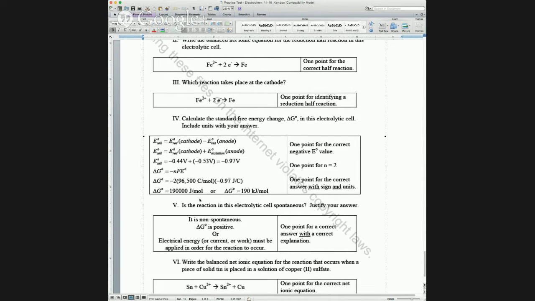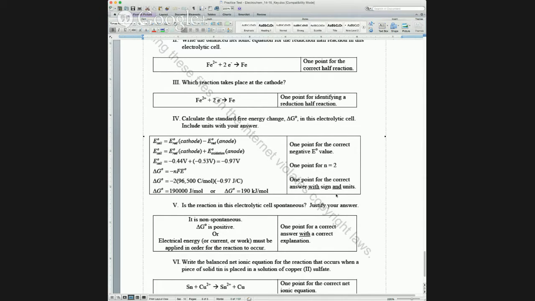That comes out to 190,000 joules per mole, or 190 kilojoules per mole. Okay. And if we look at that... oh no, you didn't ask that, just for D.